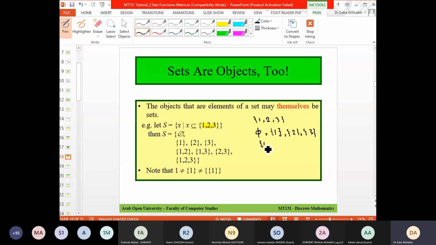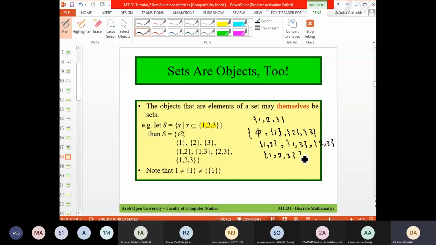Also, if I take 1 with 2, 1 with 3, and 2 with 3, they are also subsets. And if I take 1, 2 and 3 itself, it is a subset of itself.